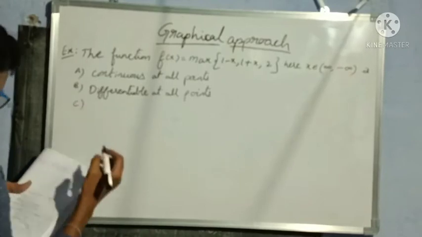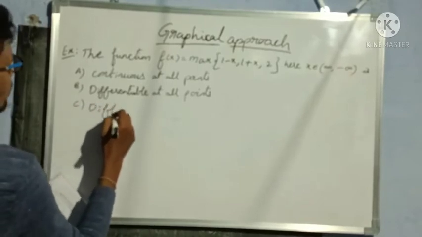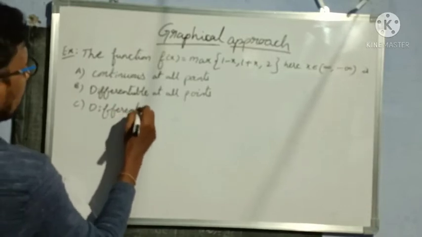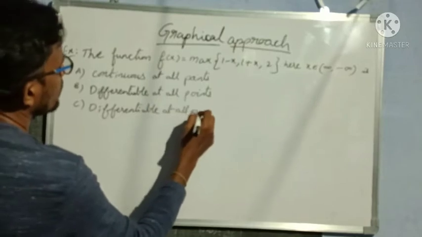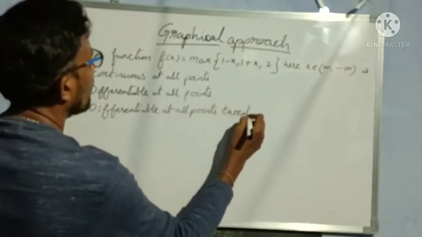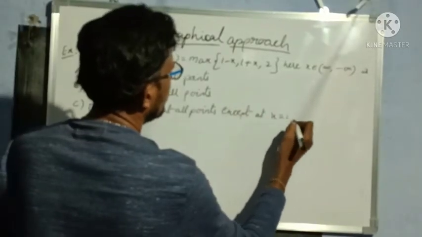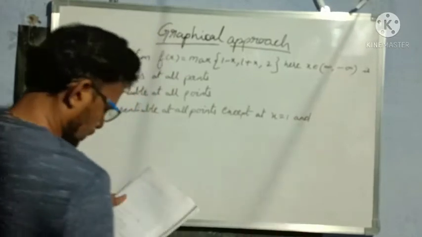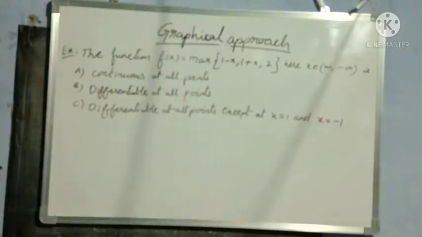Next, third option, differentiable at all points except at x is equal to 1 and x is equal to minus 1.